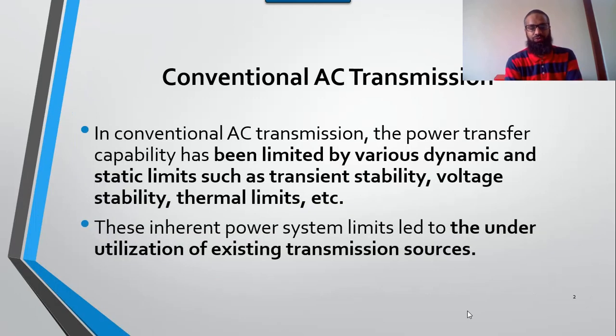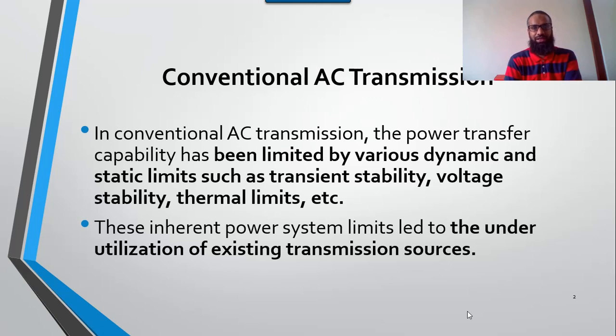So initially, what we see is in the conventional power system there are many limitations and many problems which we face normally. As you know, there are two types of power which we are using in the power system. One is active power and the other one is the reactive power. The active power is usually due to the resistance and the reactive power is usually due to the capacitance and the inductance.